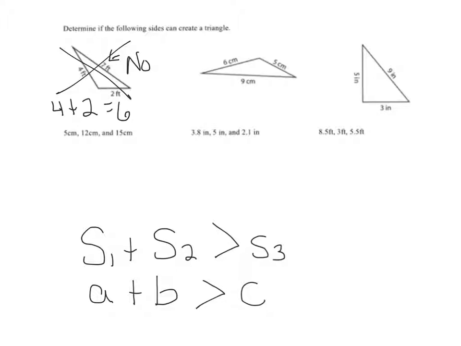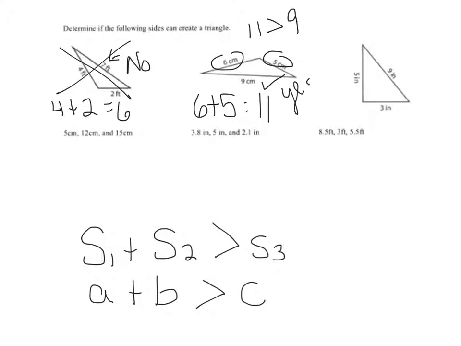Then if I look at this next one, I have 6 and 5 as my two smallest sides. 6 plus 5 equals 11. It is bigger. 11 is greater than 9, so it is a triangle. This next one, we have 5 and 3. 8 is smaller than 9, so no, it's not a triangle. This one did not work either.